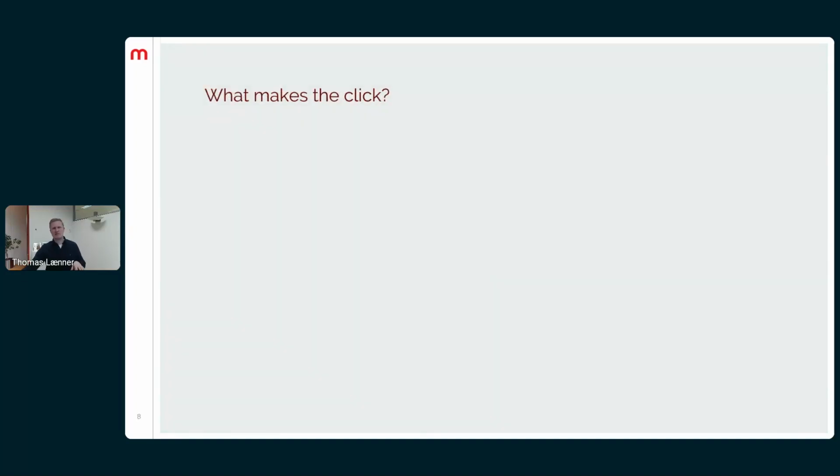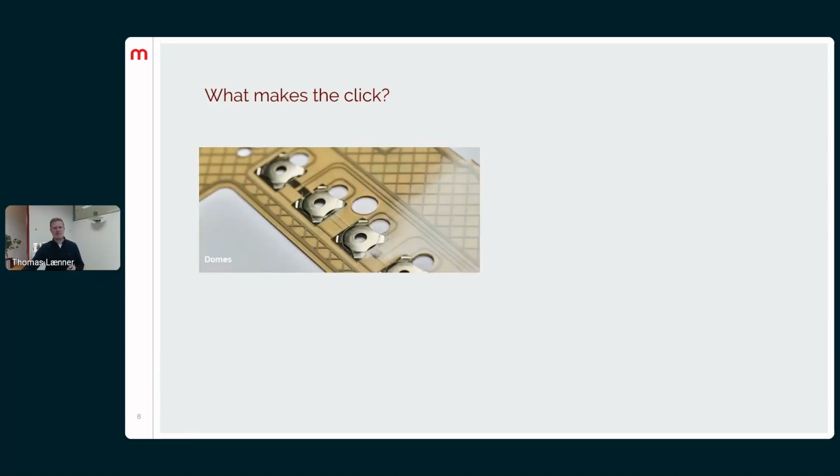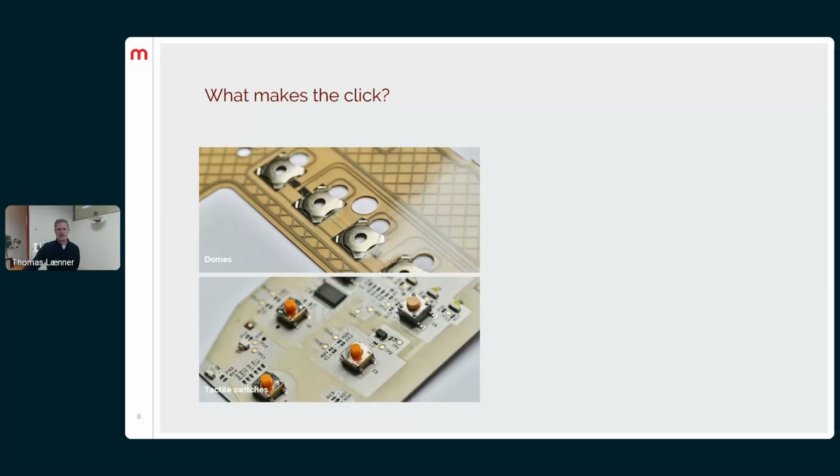But before we dive into these 4 tactility factors, let's have a look at what actually makes the click. First, we have metal domes. This is widely used in both silicon and membrane keypads, and is ideal for thin keypad constructions when this is a requirement. Next, we have tactile switches, which is used in both silicon and membrane keypads. It's suitable for keypad constructions where you have PCBAs.